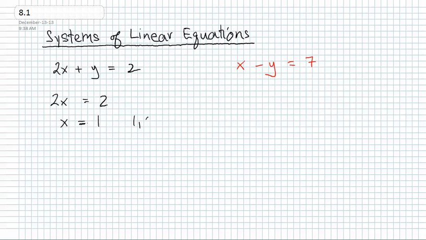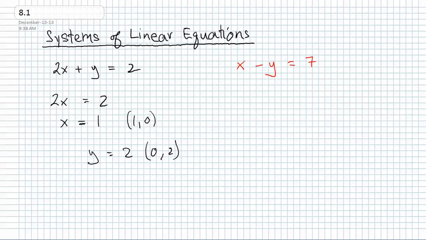And then to find the y-intercept, I'm going to get rid of the x term. So y equals 2. Well, that's easy. And so (0, 2) is my y-intercept. So just by looking at it in that form, I get 2 points very easily. I don't even need to calculate slope to graph it. Let's look. I'll let you pause the video and find the x and y intercept for the right-hand side.